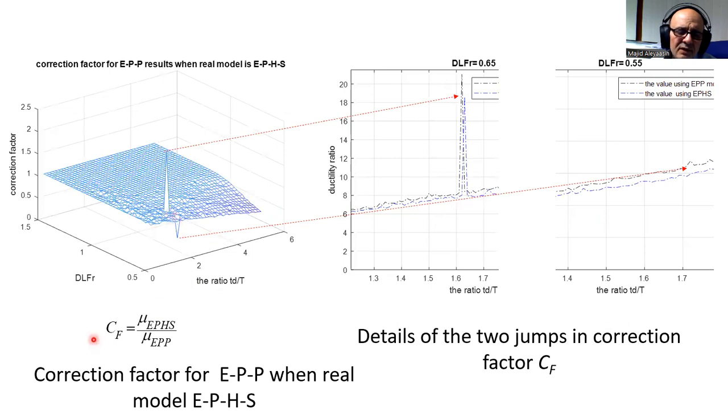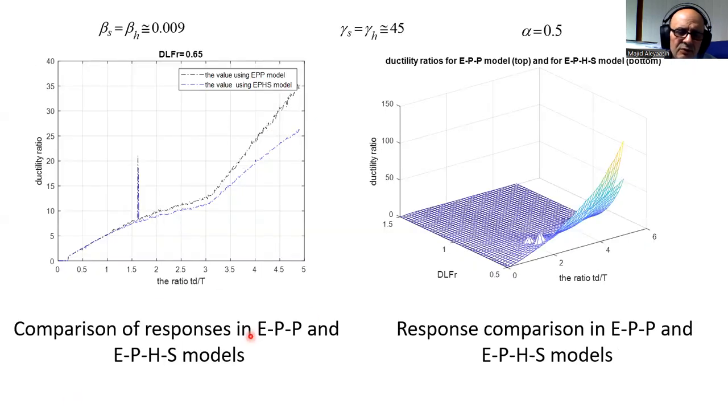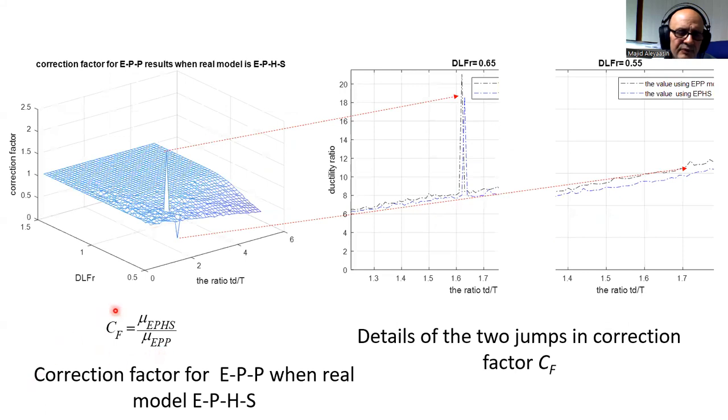I have examined, basically, if we want to use the top curve, which is developed by the chart, but consider EPSH. Obviously, we use this one, but consider the hardening softening effect. We can calculate the ratio of these two and define something called the correction factor.